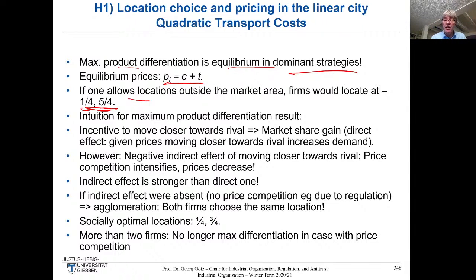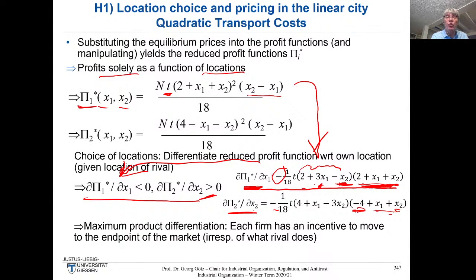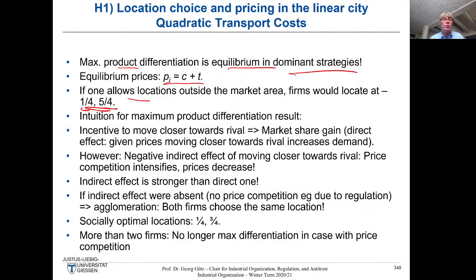That's what you can directly calculate by just solving this system of 2 equations in 2 unknowns. And so that's interesting. Firms would even locate outside the market. Why? What is the intuition? Yeah, it reduces price competition.